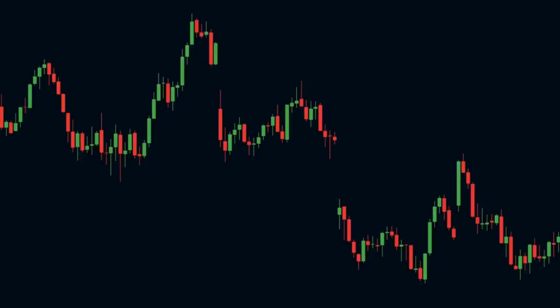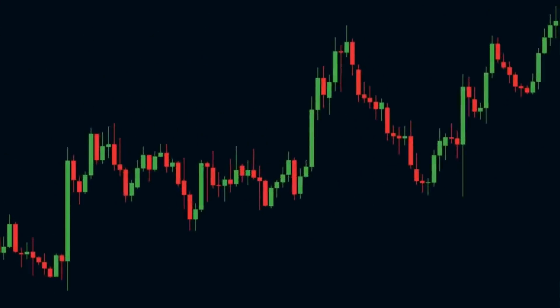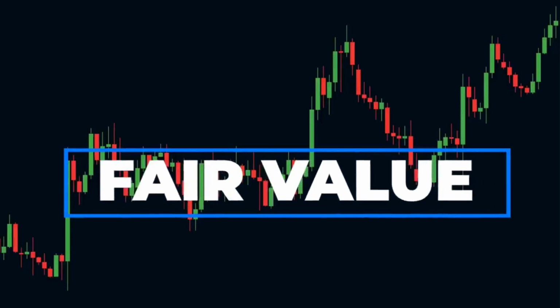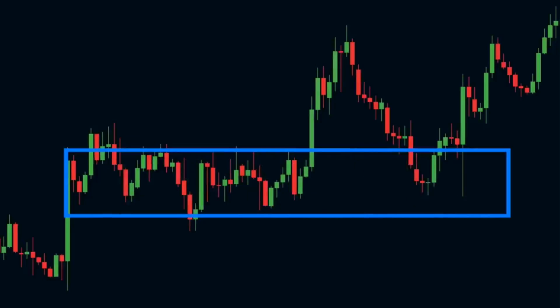We see that the price initially made this strong up move as the buyers were in search of the sellers around this price area. The sellers come in and the price creates this range. The buyers and sellers perceive this range as the fair value of the asset. Therefore, the market goes sideways for a few candles and the buyers buy at the lower boundary while the sellers sell at the upper boundary.